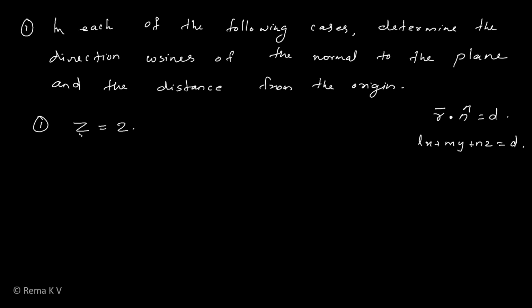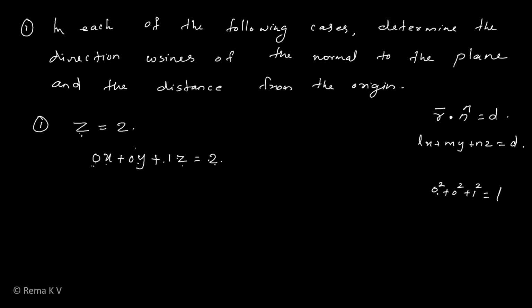Now we can write this as 0x plus 0y plus 1z is equal to 2. That is of the form ax plus by plus cz is equal to d, or you can consider it as lx plus my plus nz is equal to d. a square plus b square plus c square, that is 0 square plus 0 square plus 1 square, gives 1.